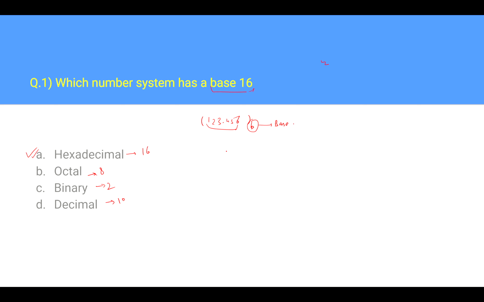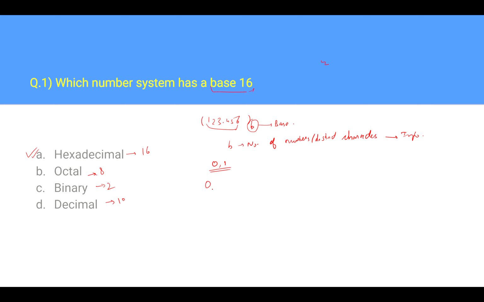So base suggests the number of numbers or distinct characters that you have to denote your information. Like if you have a base 2, so base 2 numbers will just use 0 and 1 to denote any quantity.